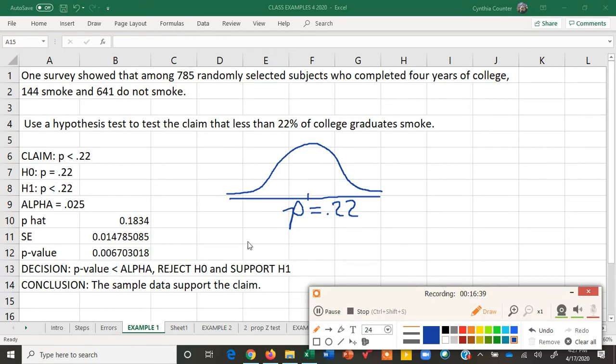We got a p hat of 0.18, which we know is less than 0.22.